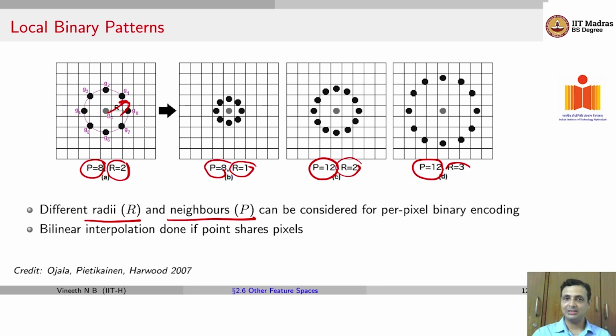Once you define the neighbors, if these neighbors lie in between 2 pixels, you can use bilinear interpolation to get those values. So once you define R and P, based on those values, you would get a binary pattern around the central pixel. You write that out in a circular manner as a binary number, convert it into decimal, and replace the central pixel with that particular value.